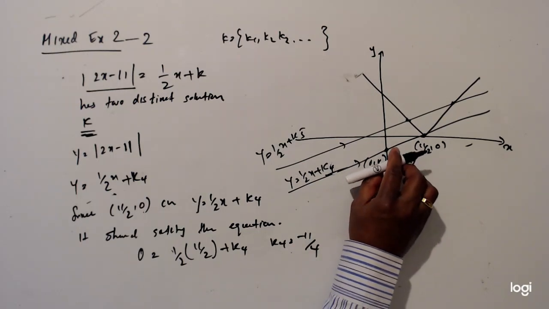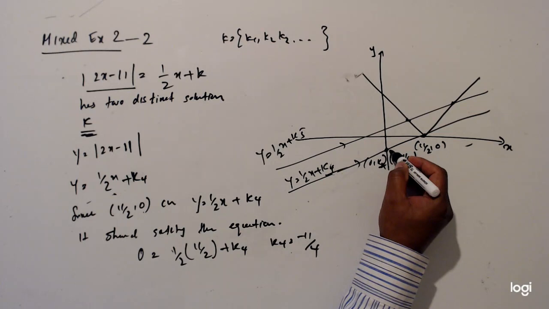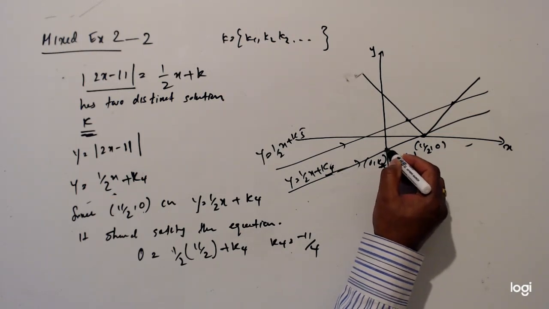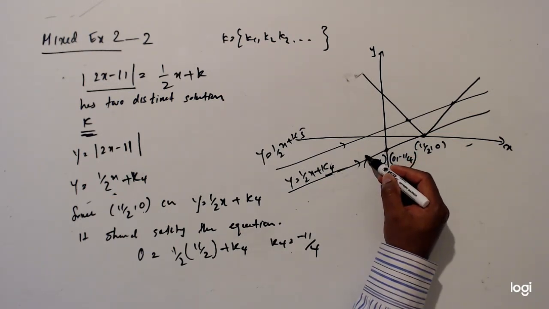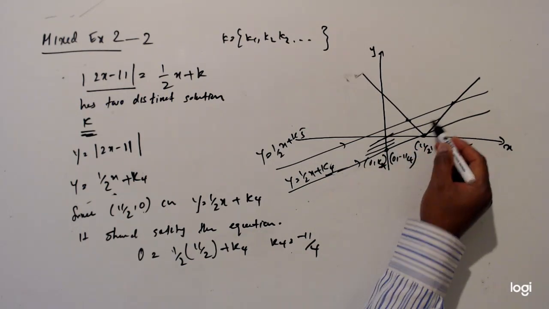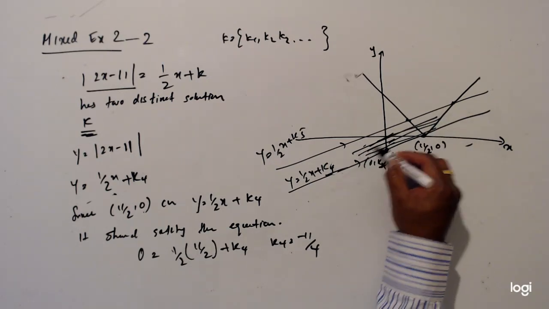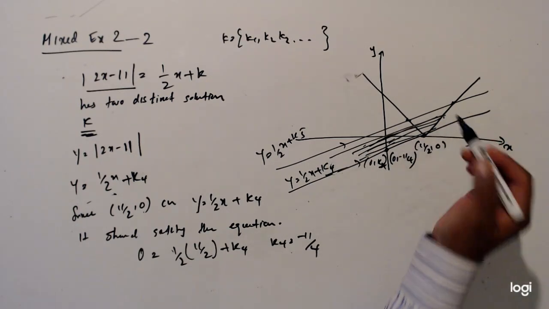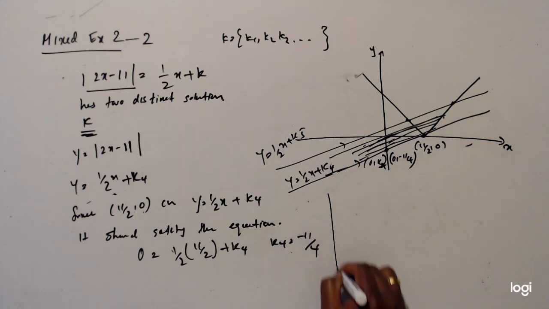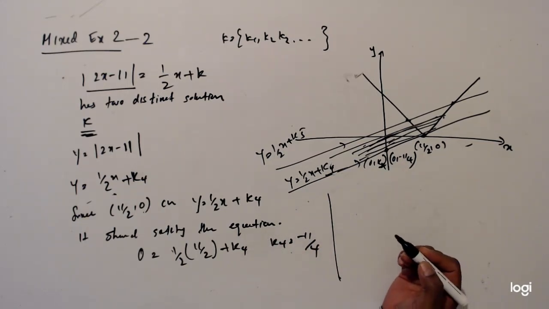Now you can see that any k value greater than minus 11 over 4 has two distinct solutions. So basically any value greater than k/4, which is minus 11 over 4.